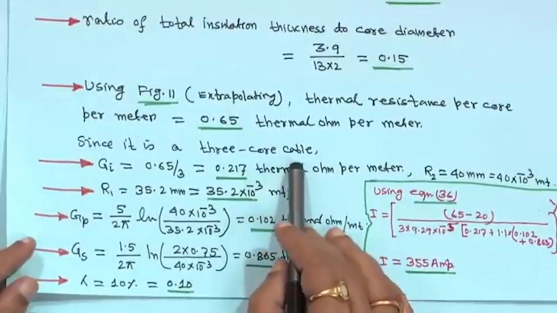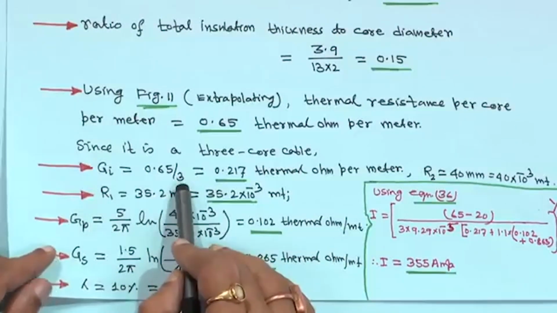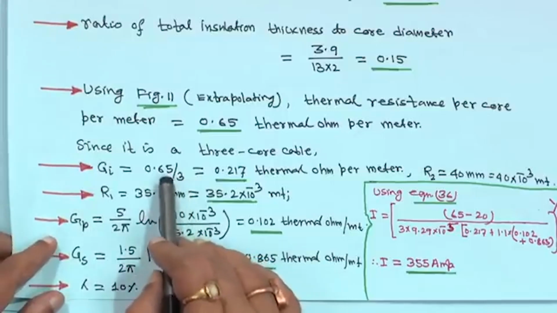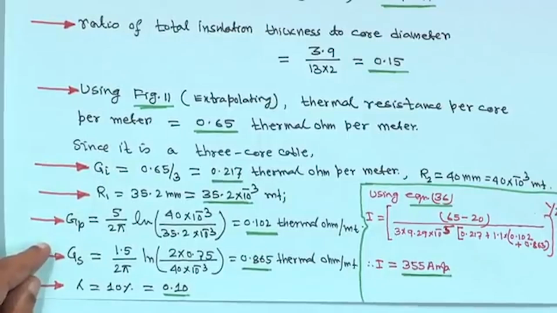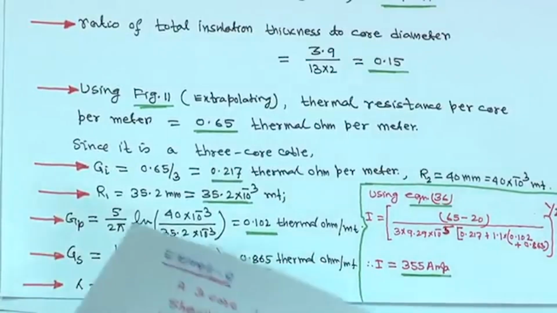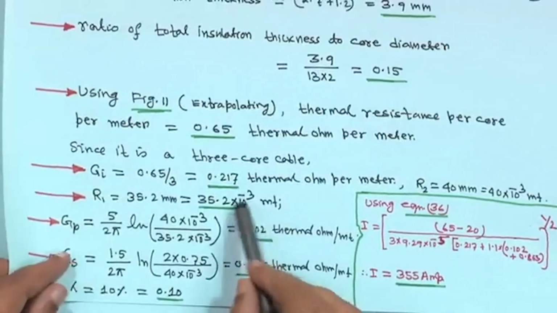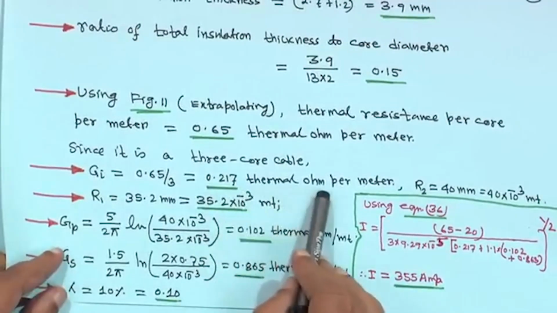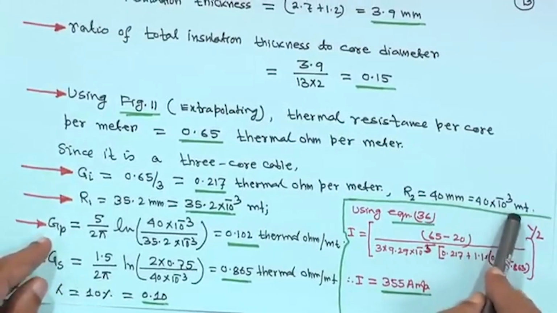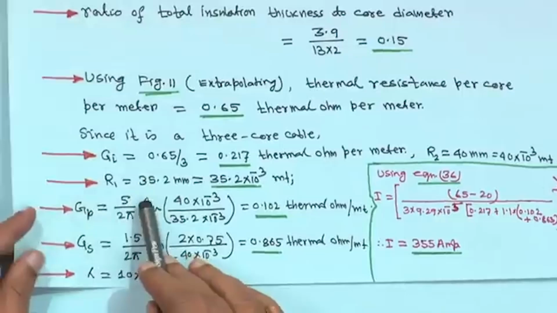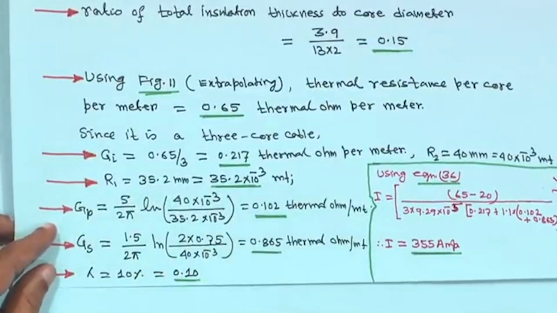Now, since it is a 3 core cable, G1 will be 0.65 by 3. You have to be very careful, and not just take whatever has been given. So G1 will come to 0.217 thermal ohm per meter, and r2 is 40 millimeter, so 40 into 10 to the power minus 3 meter. r1 is given as 35.2 millimeter, so 35.2 into 10 to the power minus 3.